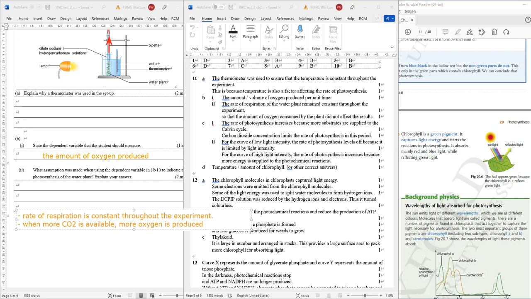So the oxygen produced would not be consumed at a greater rate. So the amount of oxygen produced can truly reflect the rate of photosynthesis.